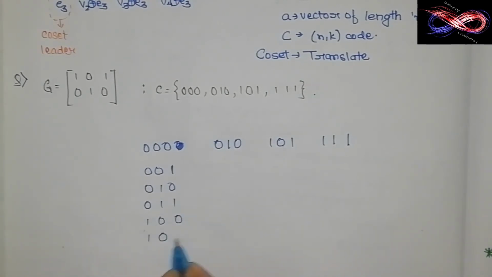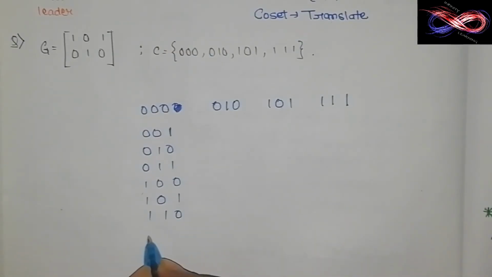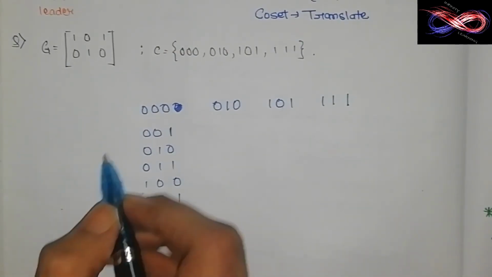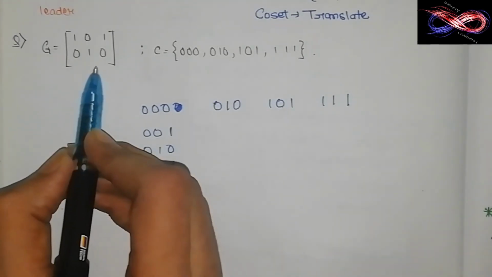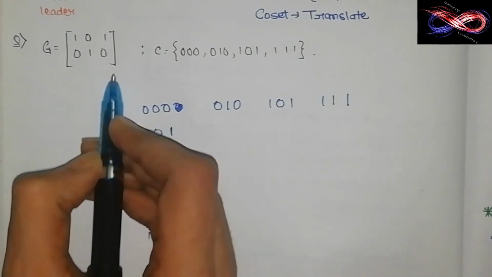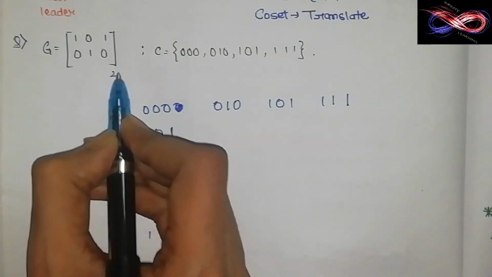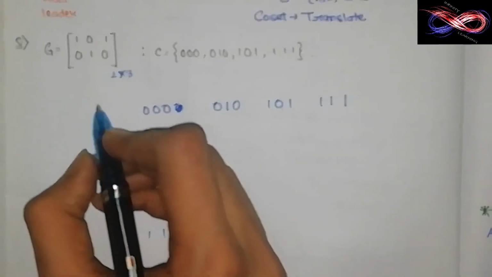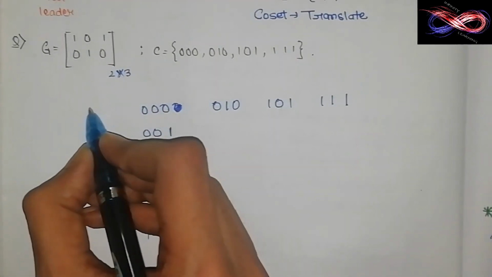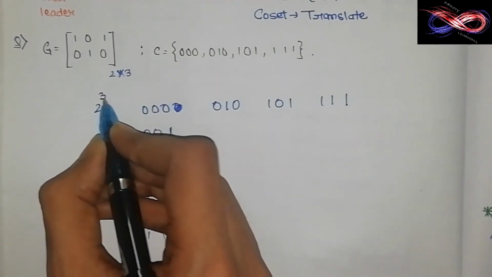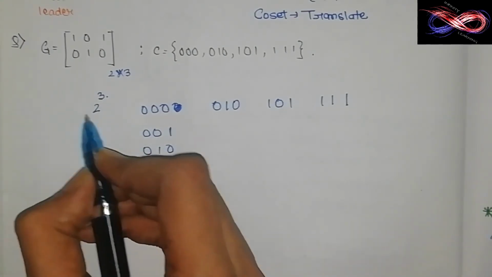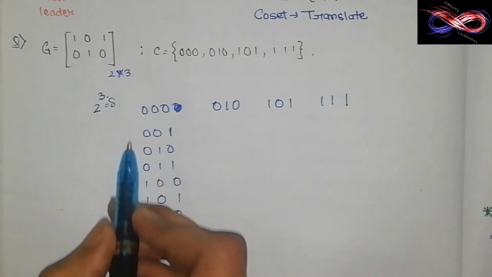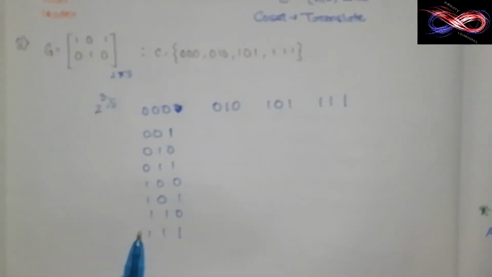This will be 1 0 1, 1 1 0 and 1 1 1. Now the question arises of how many coset leader values there should be. You can see that the generator matrix is of dimension 2 cross 3. So the number of rows will be equal to 2 to the power 3. This we will need to consider in every case. So this will be 8. So here there are 8 values in the coset leader.